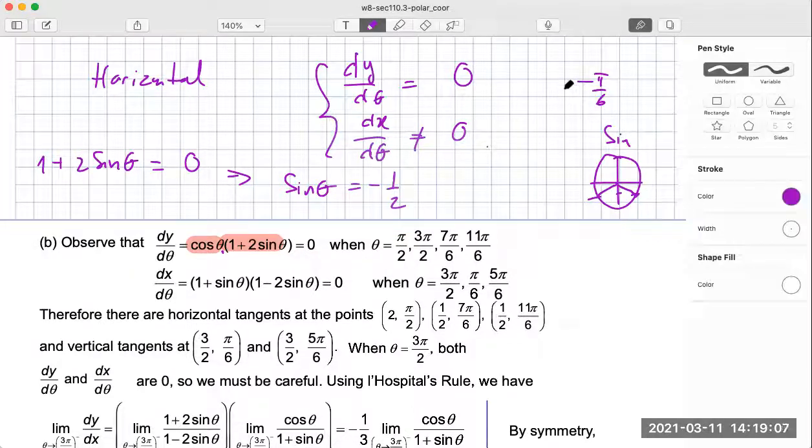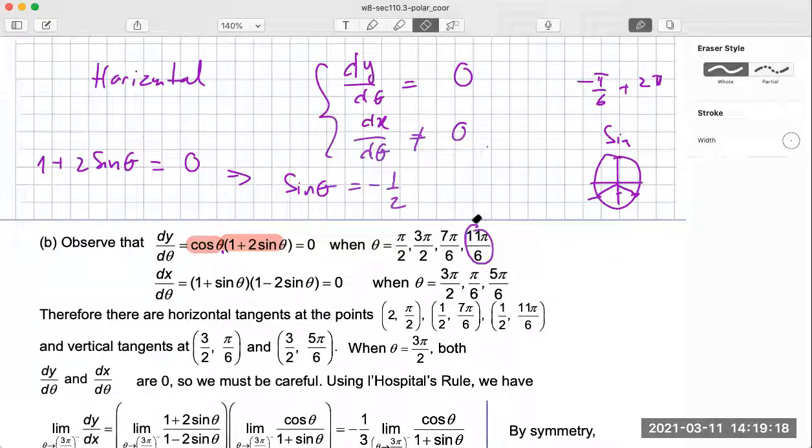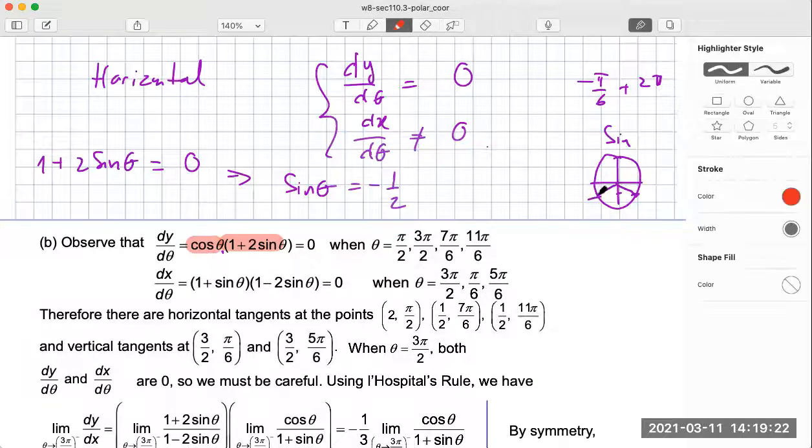If this is positive, then we just add 2 pi, right? At 2 pi, it gives us 11 pi/6. The similar story, this angle here is pi plus pi/6, which is 7 pi/6. Okay?